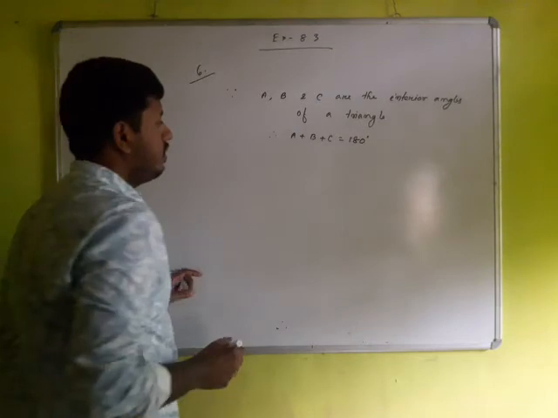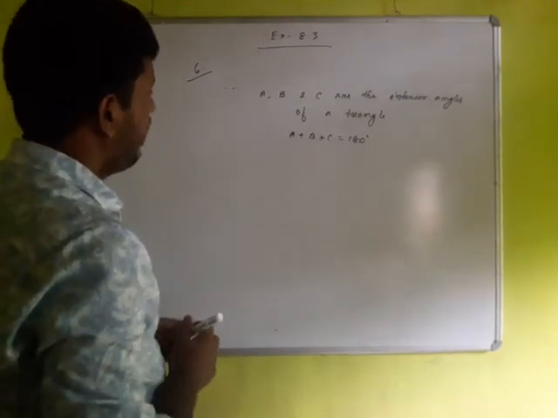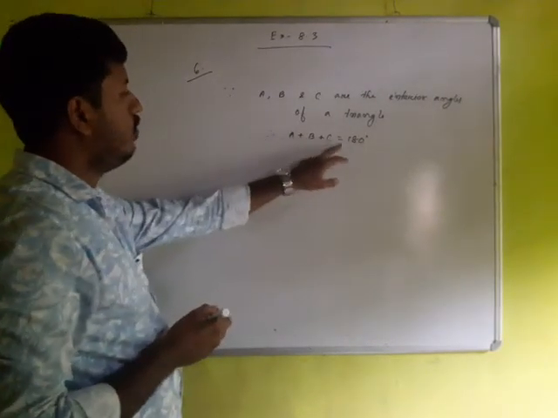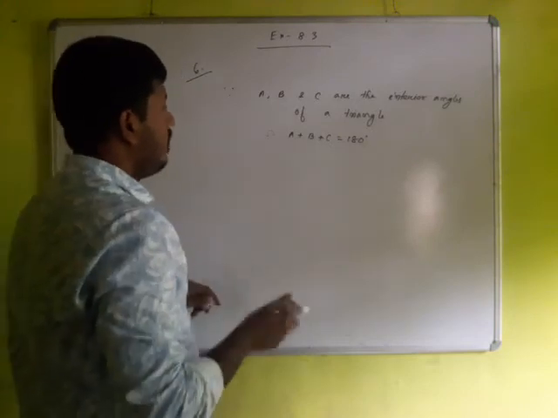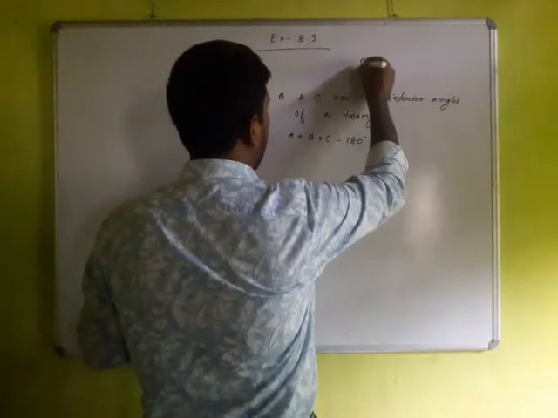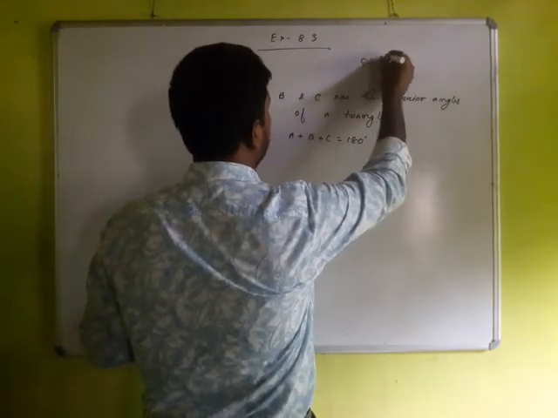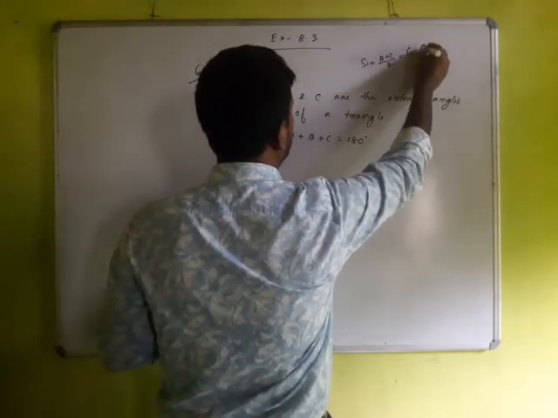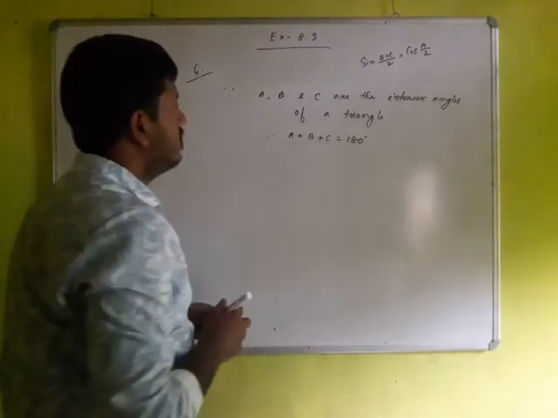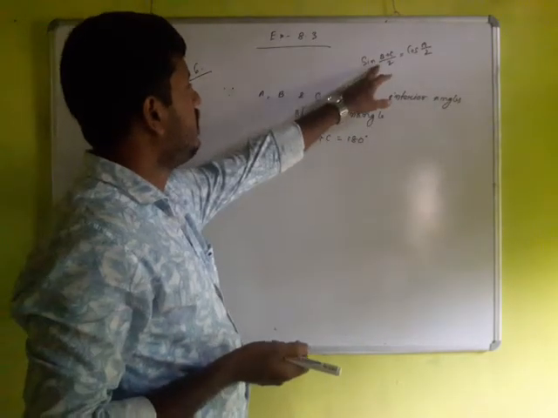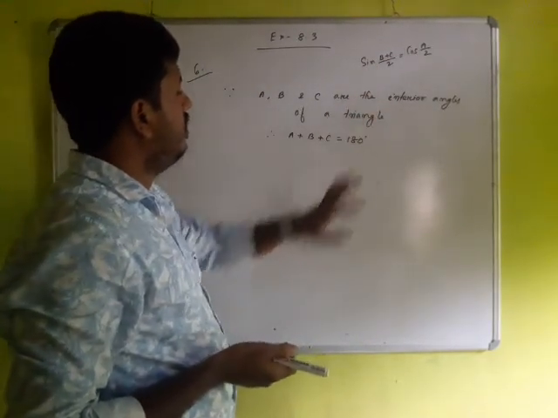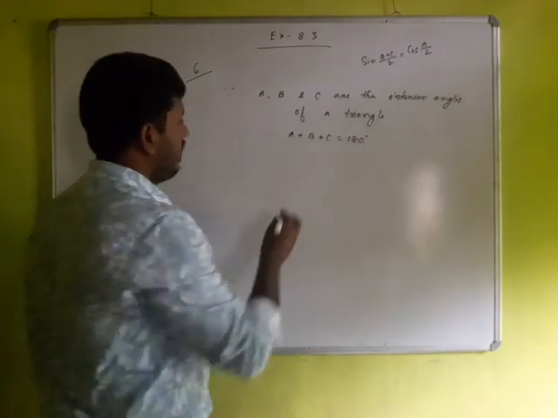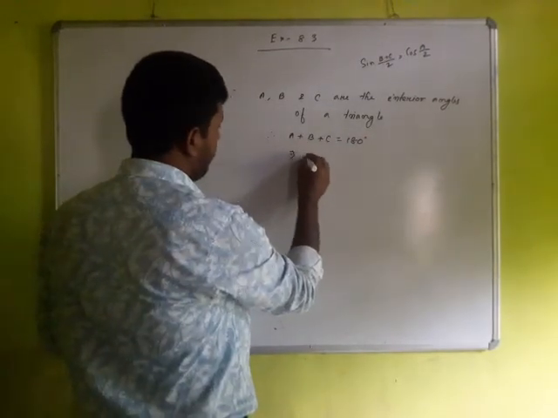We all know that the sum of three interior angles of a triangle is 180. We have to prove sin((B plus C)/2) is equal to cos(A/2). So depending on this, we have to keep B plus C on one side and A on the other side. So B plus C equal to 180 minus A.